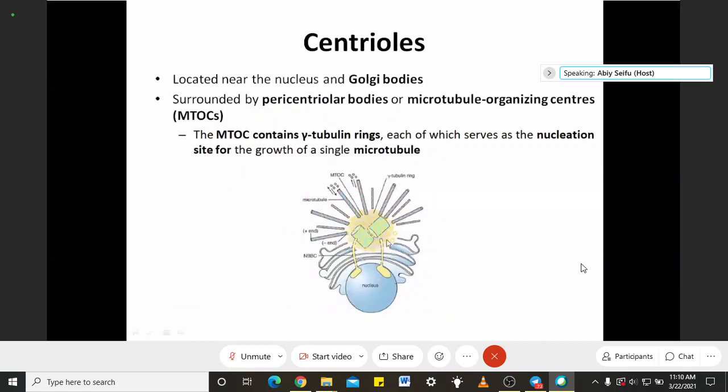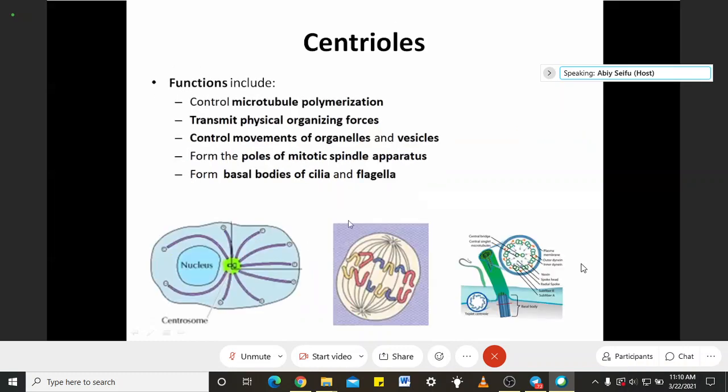I didn't say that microtubules are to elongate from the centriole. Look at this. This microtubule is not elongating from the centriole. These microtubules are not elongating from the centriole. Instead, I'm saying they are controlling microtubule polymerization.